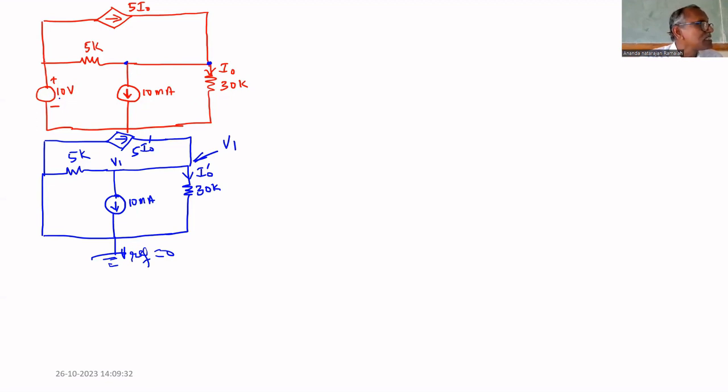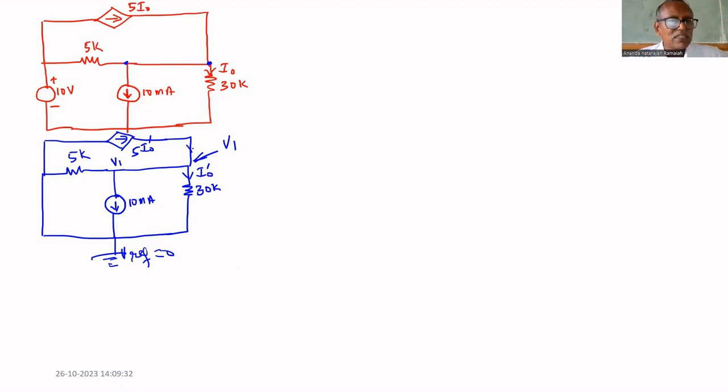There is no series resistance. Let us assume that this 30K is the internal resistance of that current source. But actually, we are considering it as a load. But anyhow, it can be considered as its internal impedance. Let us write KCL.